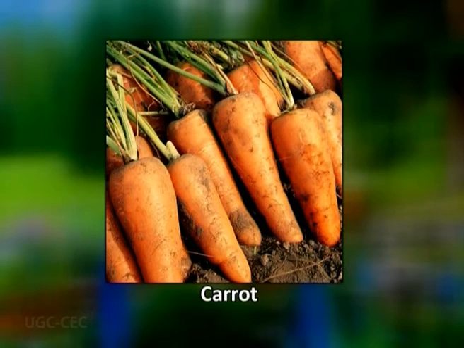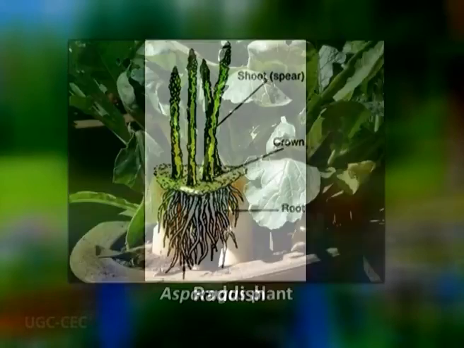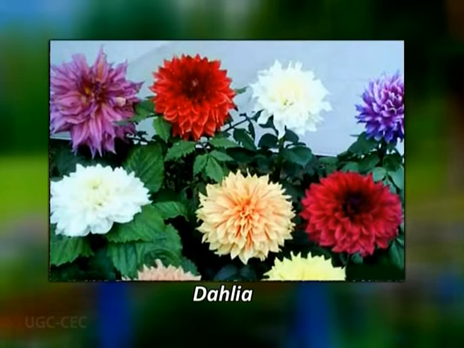Now, the secondary functions of roots. These are functions performed by the specialized or modified tap or adventitious roots. They store food and water, for example, in carrot, radish, asparagus, dahlia.